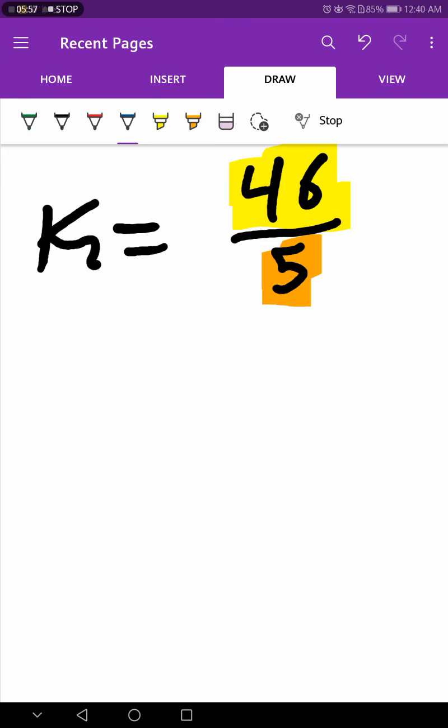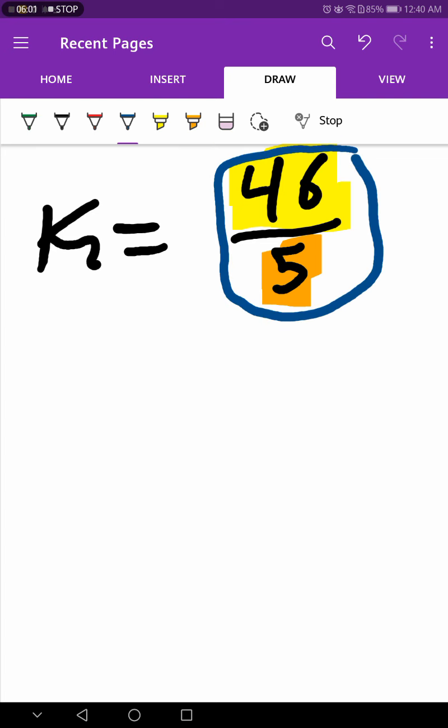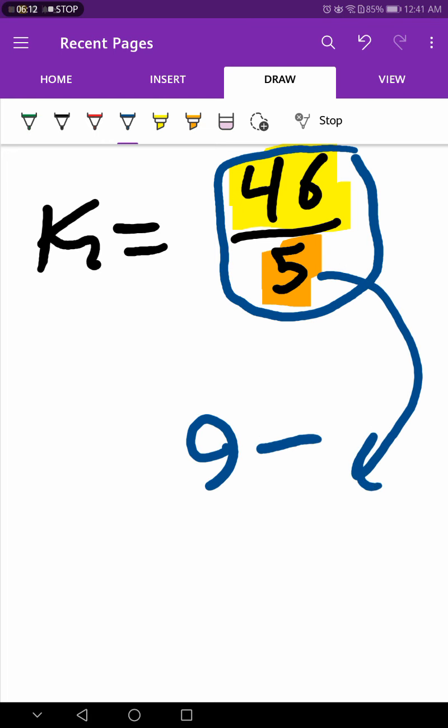So this fraction is called improper, and it can be written as a mixed number by asking a question: how many 5 in 46? It is 9, yes? And you bring down this 5, and 5 multiply 9 equal 45, and how many steps to reach the 46?